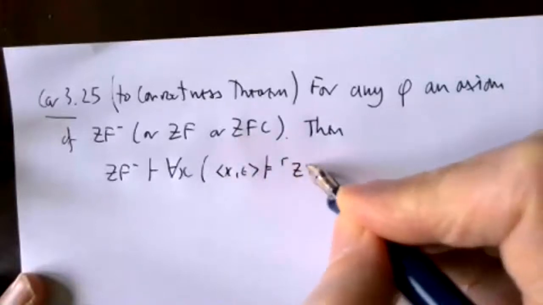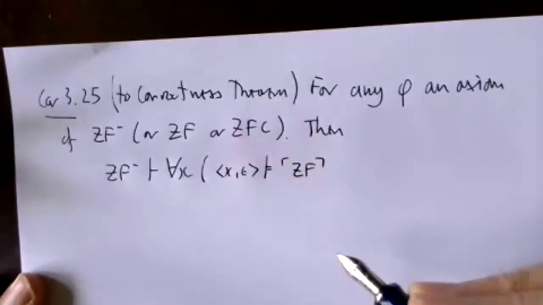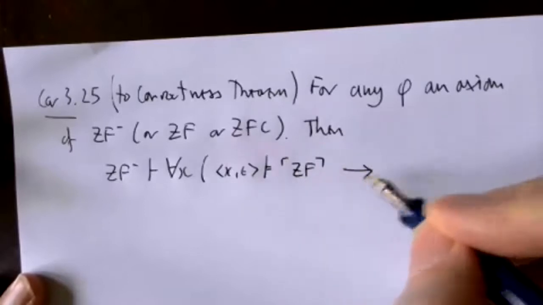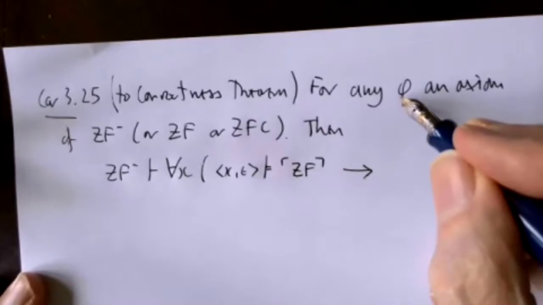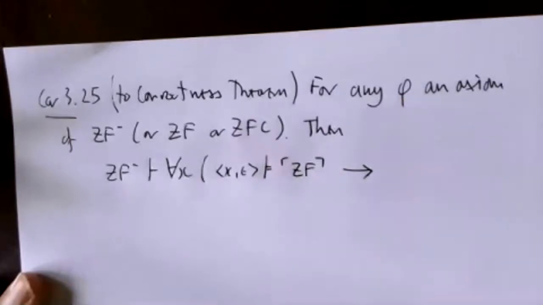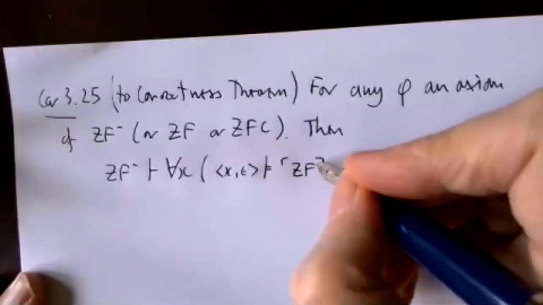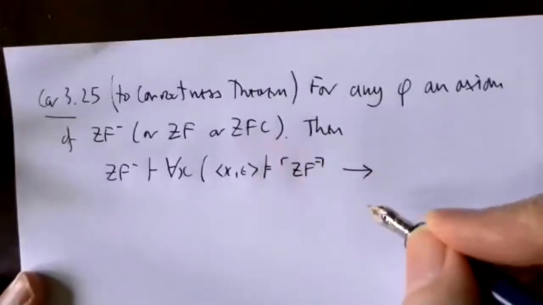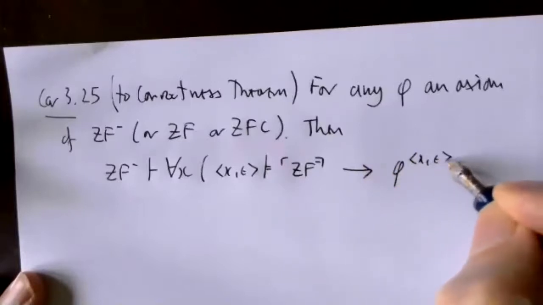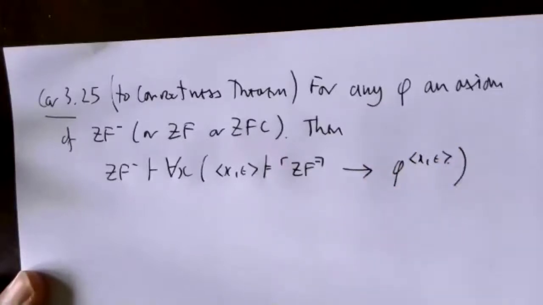If a structure is a model of this code set, because phi is an axiom of ZF minus, I suppose I could put in minus here, then phi holds relativized to x epsilon.